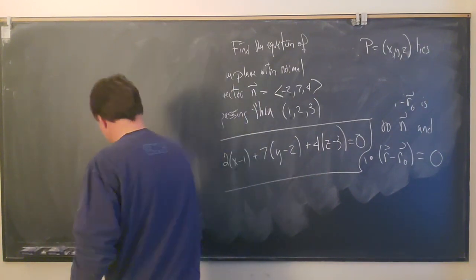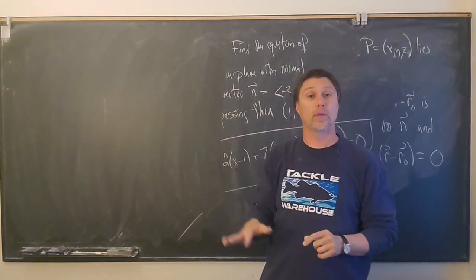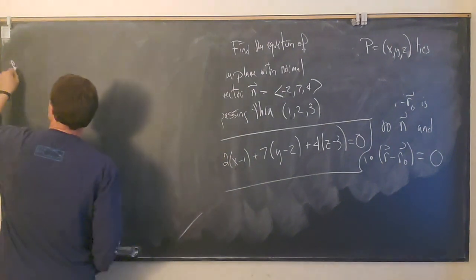One thing that I think you know: if you know 3 points that don't lie on the same line, any 3 points determine a plane. So this next question is going to use that fact. It goes like this.